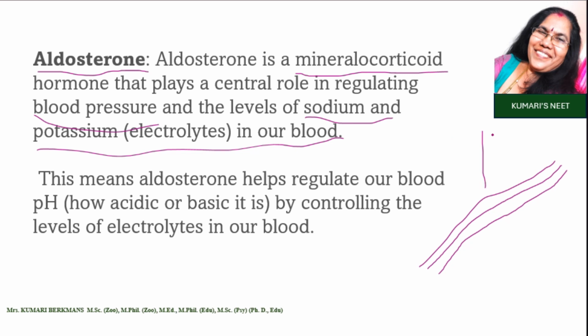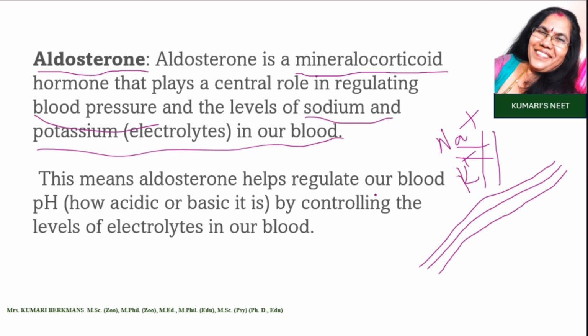So from the renal tubule, potassium as well as sodium ions are reabsorbed, okay. You have to keep in mind potassium and sodium. These ions are reabsorbed by the blood, okay. So that is done by whom? Aldosterone.